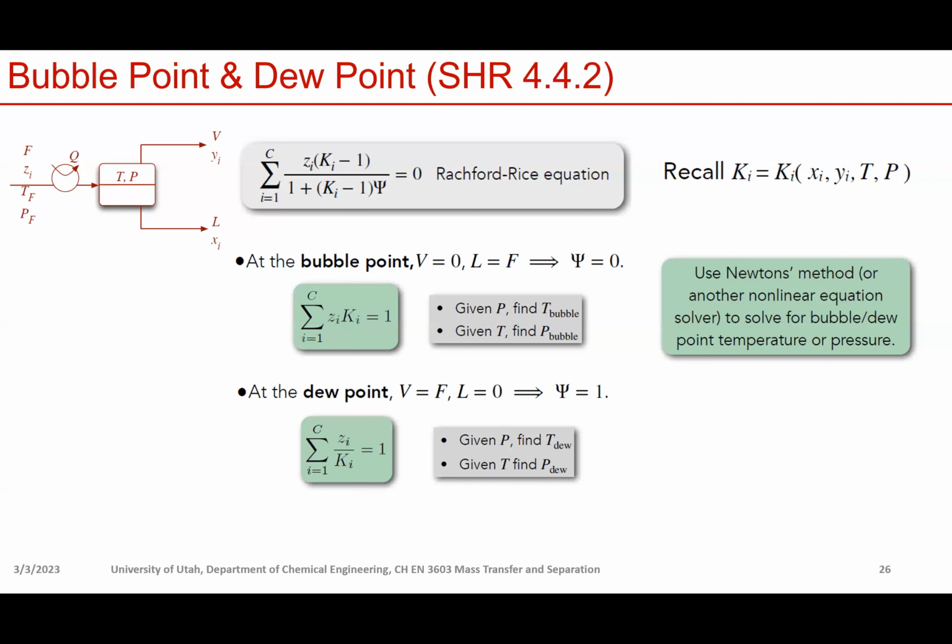You iterate until you find a temperature that gives you a K value that satisfies this equation to a reasonable extent, and that will be your bubble point. Right, this is how you do it. Manually, you can do it by hand, just in multiple steps. But now I know you guys can do it in Python. You can just write an iteration code and do this automatically.